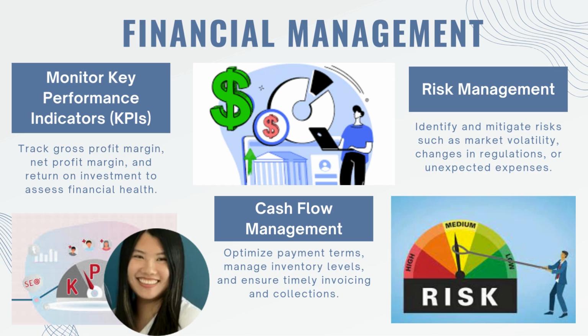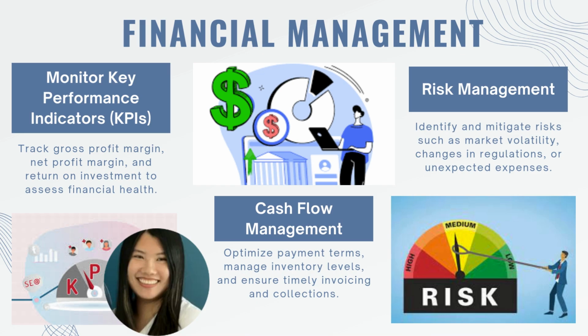The first one we have is monitor key performance indicators, or KPIs for short. Regularly monitoring relevant financial KPIs is essential for understanding the financial health and performance of the business. These indicators provide insights into profitability, efficiency, and overall financial stability.